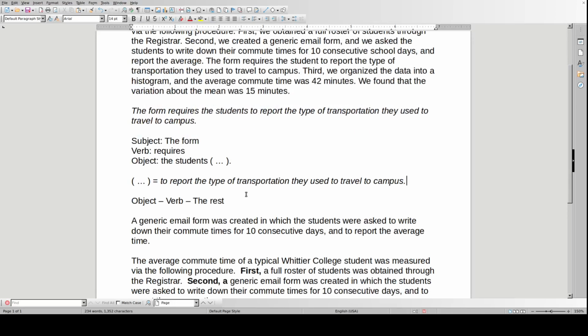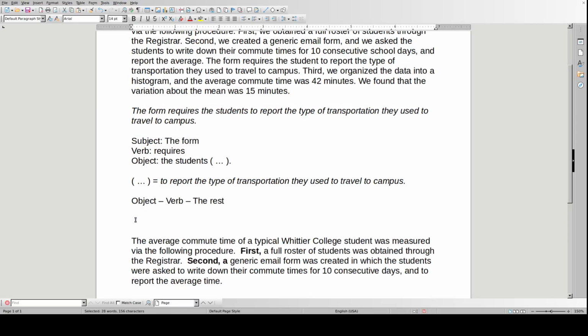So we need to now generate the passive form of this next sentence. So we want to place the object first. So the students, the verb is requires. So I think that's conjugated in the actual present tense. The form requires.